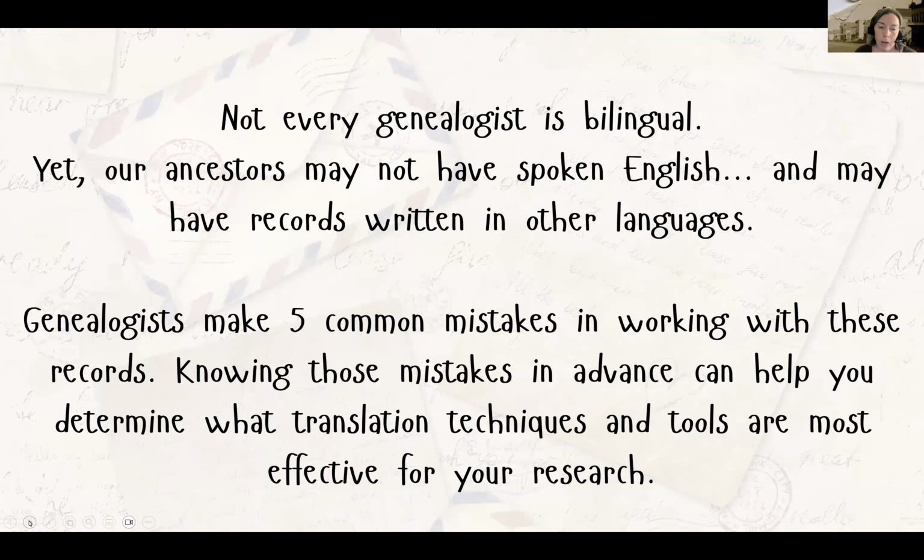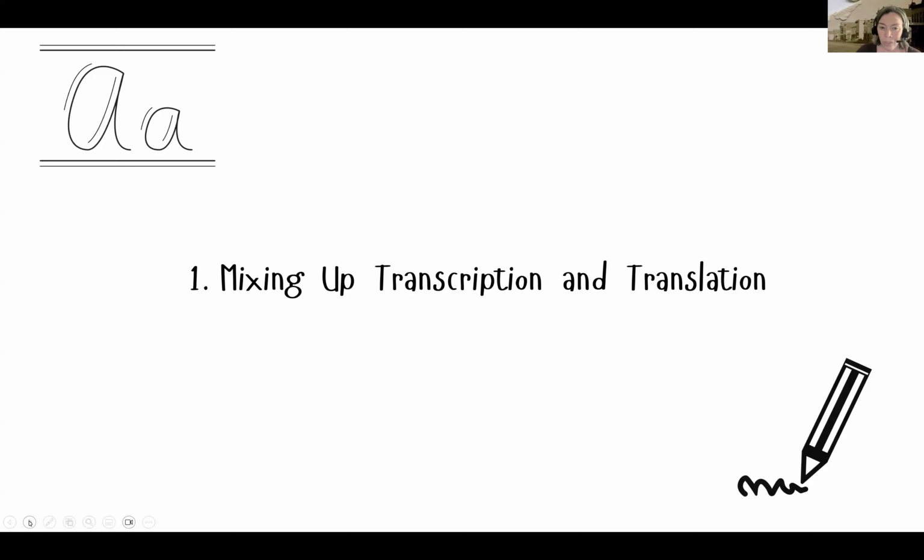Well, we have a lot of different options, and I'm not going to delve very far into the specific options. More, we are going to discuss some of the common mistakes people make when they start looking at options and deciding what to use. Knowing these mistakes in advance can help you determine which translation techniques and tools are going to be the most effective for your research.